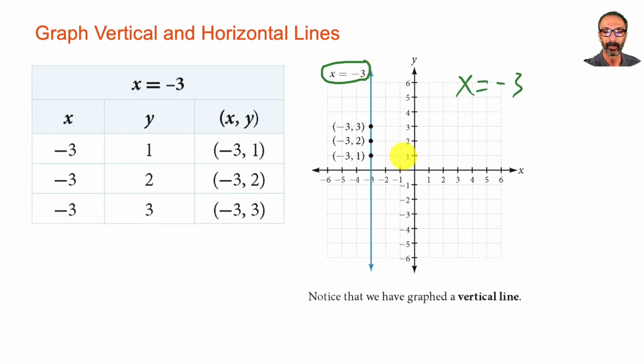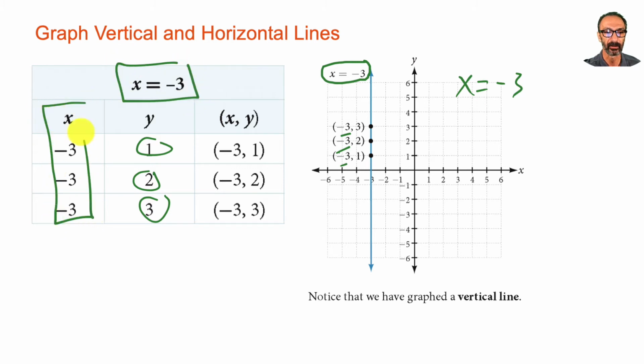All right, if you notice right here, if you plug in anything for x will be -3, and y doesn't matter. Y could be 1, could be 2, could be 3, could be 4, could be 5, could be 0, anything. So y can be anything because x is fixed to be -3. All right, so that's a vertical line.